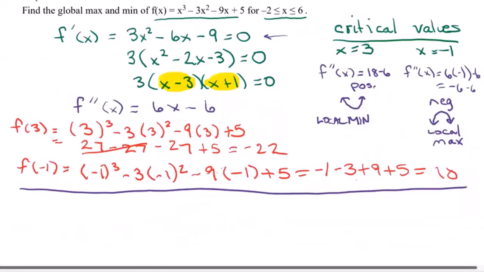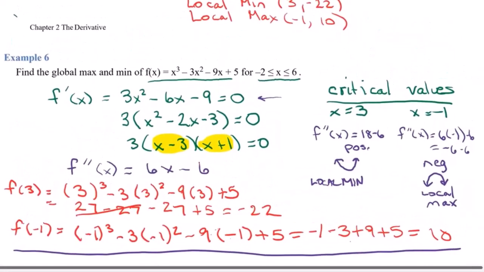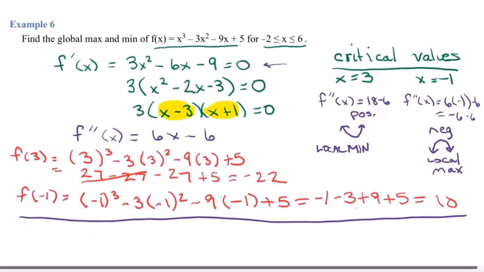We found our local max, local min. If we're looking for our global max and global min, we have to plug in the endpoints of the original function. So I have to find f of -2 because that's our lower bound. And that is equal to -2 to the third power minus 3 times -2 squared minus 9 times -2 plus 5.